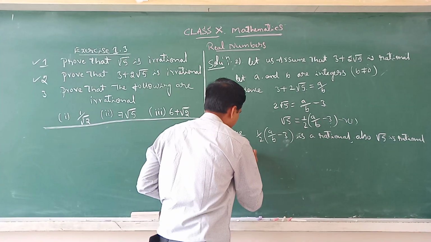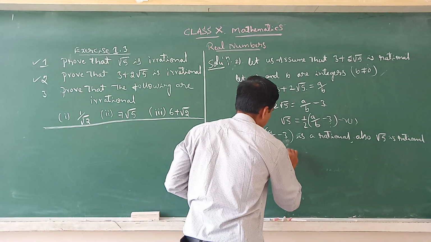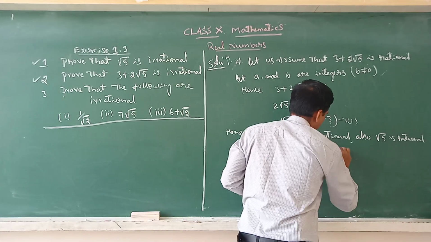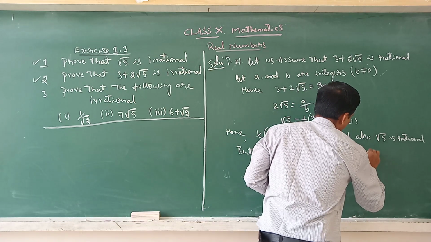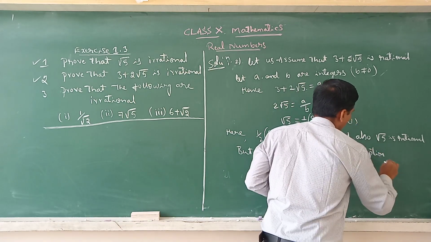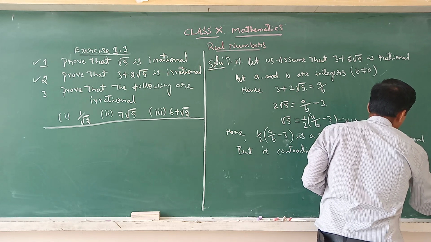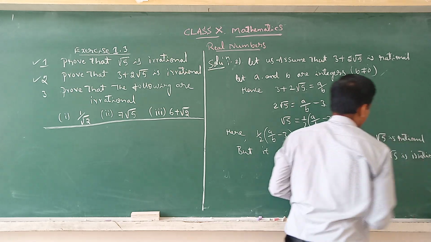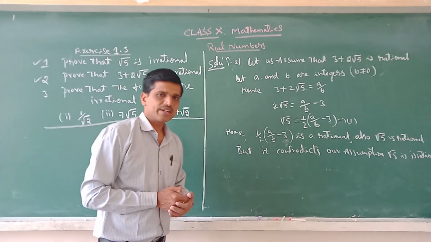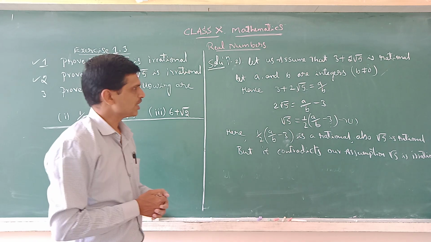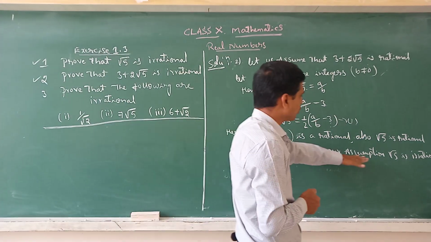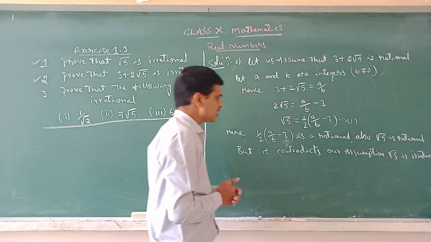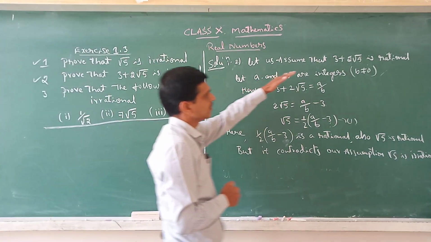But it contradicts our earlier result that root 5 is irrational. The contradiction has arisen like this: our assumption is wrong because we already proved root 5 is an irrational number. So our assumption is incorrect.